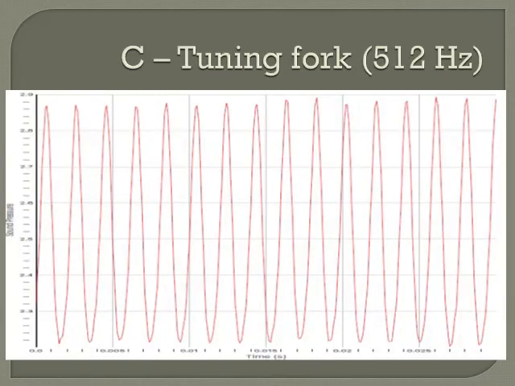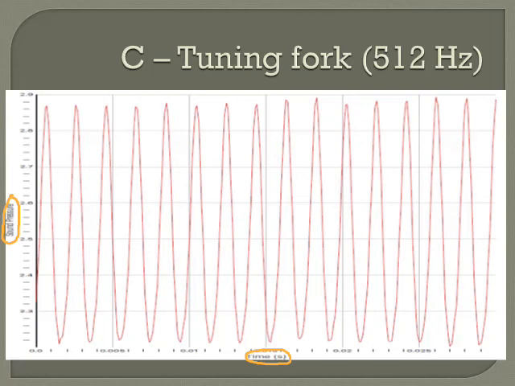So I hooked up a microphone and recorded a C tuning fork and wound up with this sound wave. And again, what you can see here is we're mapping the sound pressure on the y-axis. We've got time on the x-axis. So what's happening is the microphone is picking up these compressions and rarefactions of these air molecules.